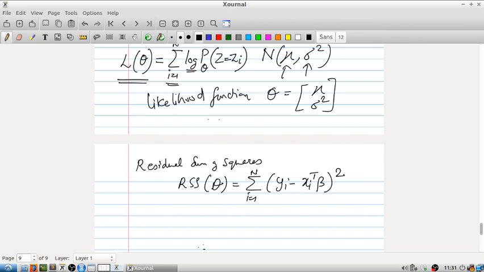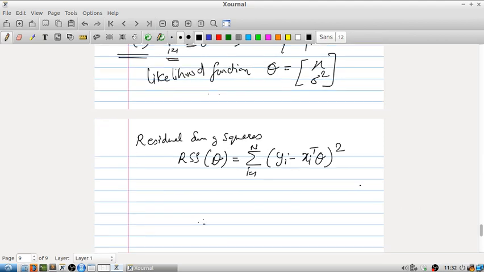Remember, this was the objective of the linear regression, the least squares problem that we saw, right? Whether I use theta or beta doesn't matter. Maybe in the notes I've used theta, so let me continue with the notation theta. I'm going to relate this to our likelihood maximization problem.